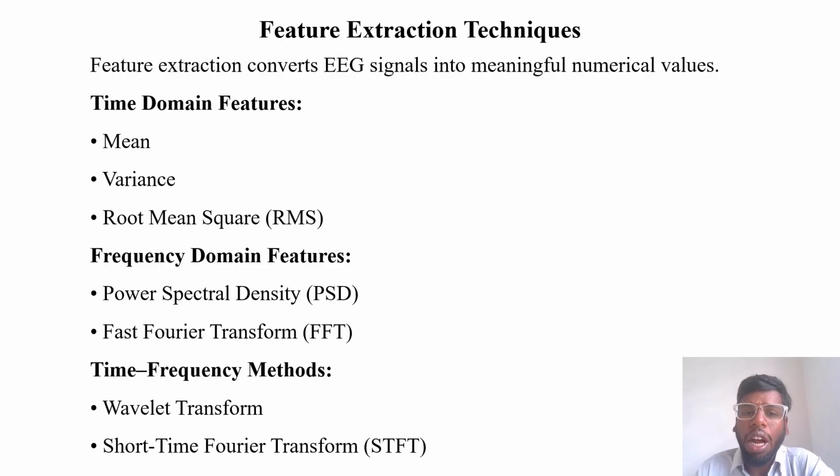Feature extraction converts the EEG signal into numerical values. Time domain features are mean, variance, and root mean square. Frequency domain features are power spectral density and fast Fourier transform. Time-frequency methods consist of wavelet transform and short-time Fourier transform.